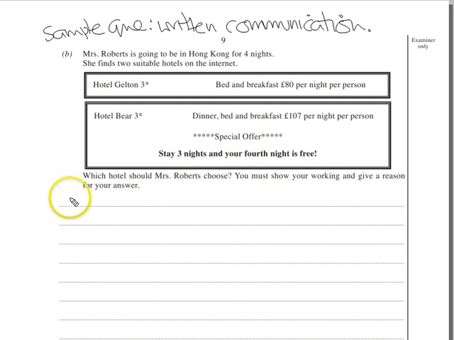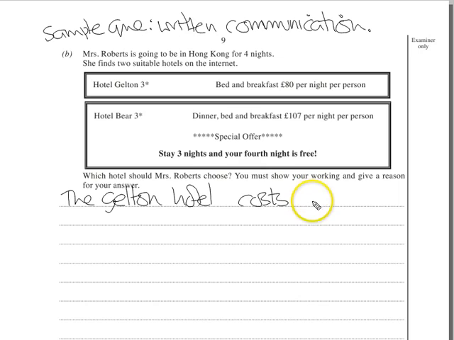Okay, let's work out the cost for both then. The Hotel Galton then. The Galton Hotel costs, now it would be 4 of these, wouldn't it?